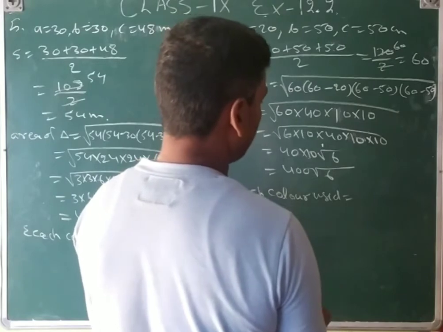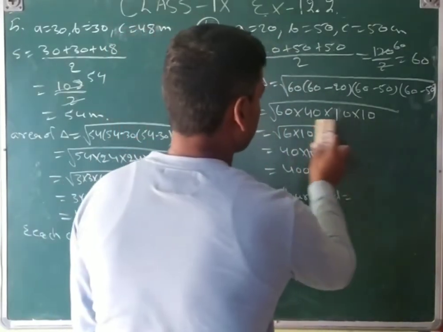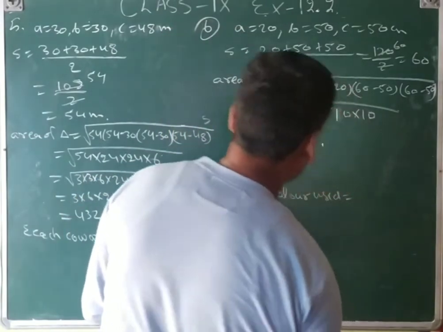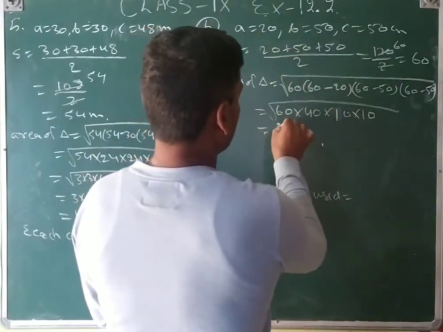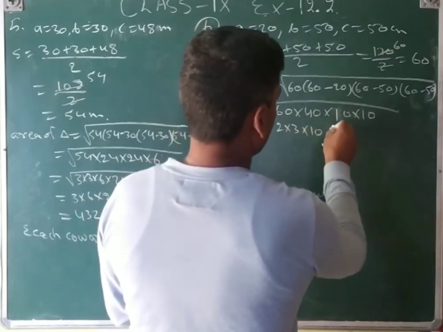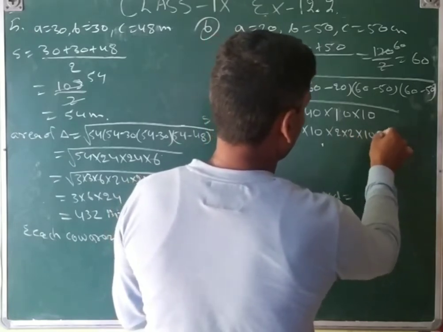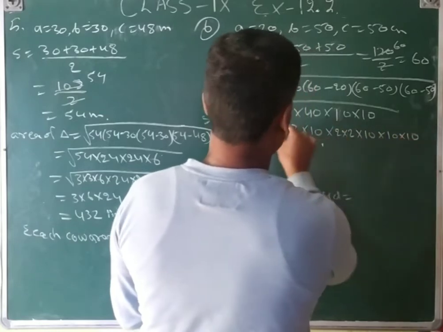Now 2 into 3 into 10 into 2 into 2 into 10 into 10 into 10.